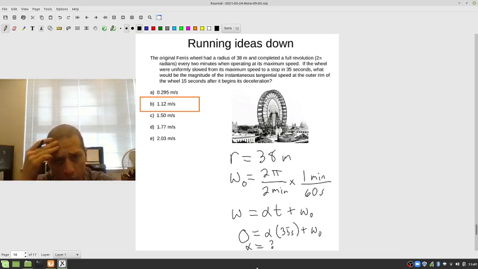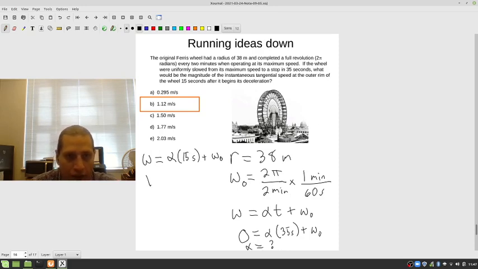It says, what would be the magnitude of the instantaneous tangential speed at the outer rim of the wheel 15 seconds after it begins its deceleration? Okay, so you know your omega naught, you can find your angular acceleration there, and you could go ahead and find that omega at time t equals 15 by putting in the alpha that you solved for and putting in 15 seconds plus omega naught.